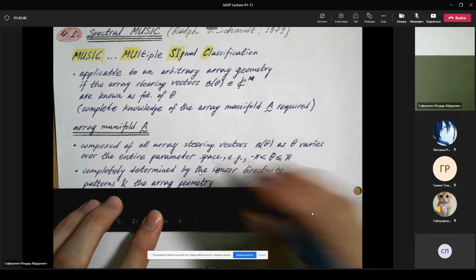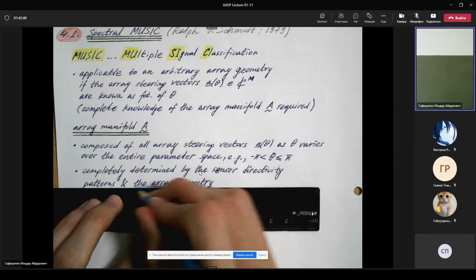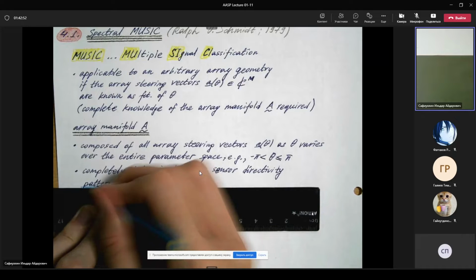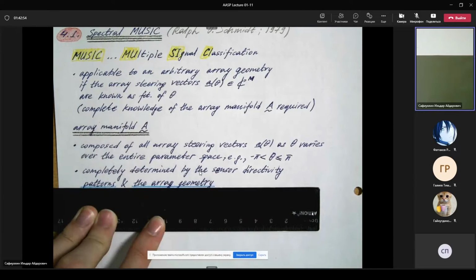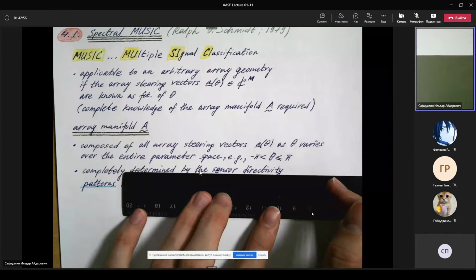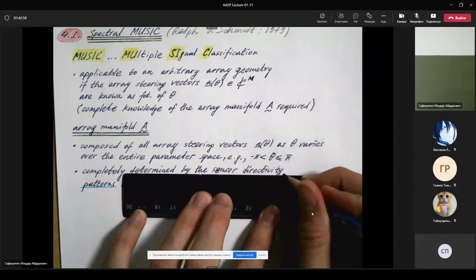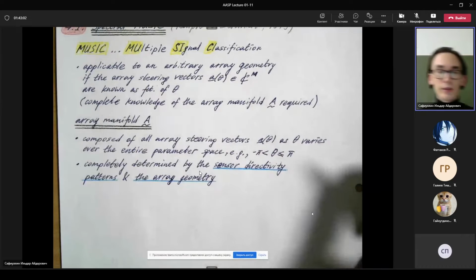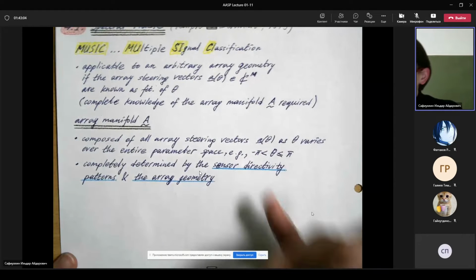So the main things here are the array geometry and the directivity patterns of the sensors.